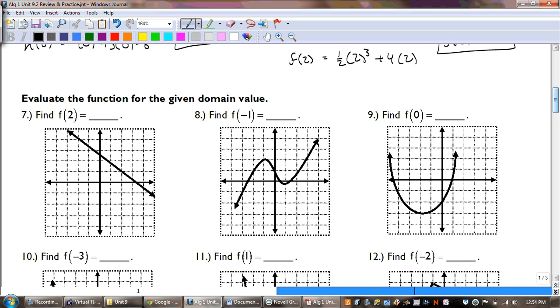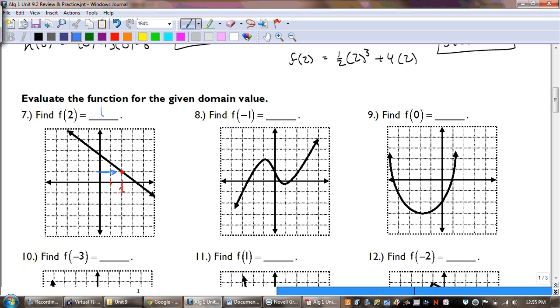All right, 7. The next set says to evaluate the function for the given domain value. Find f of 2. So what we need to do is we need to find where 2 is, and then what value is that at? That would be at 1, okay?